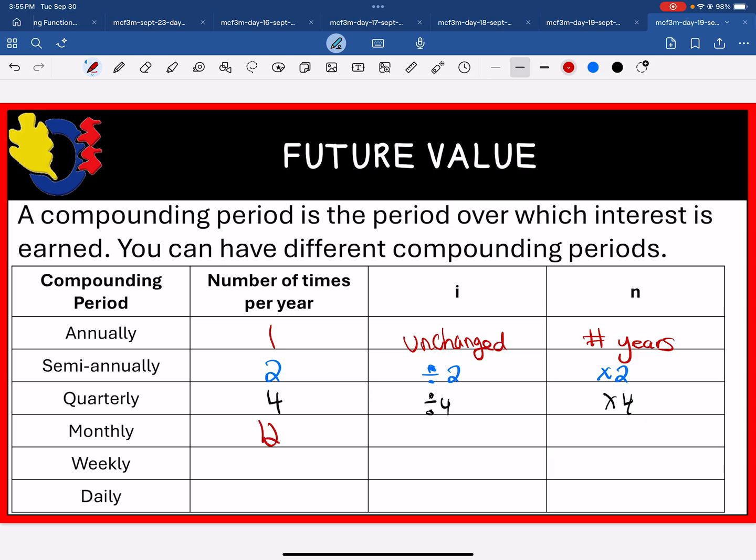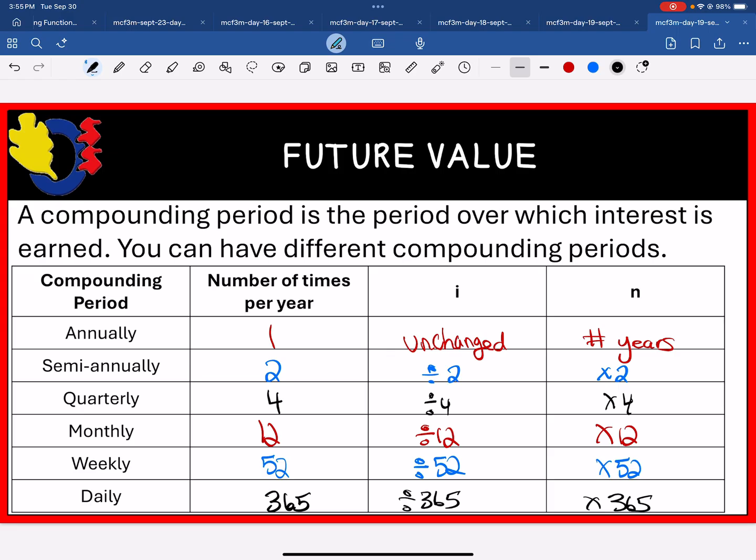Monthly is 12 times per year, so divide by 12 or multiply by 12. Weekly is 52 times per year, so we divide by 52 or multiply by 52. And last but not least, daily is 365, so divide by 365 or multiply by 365.